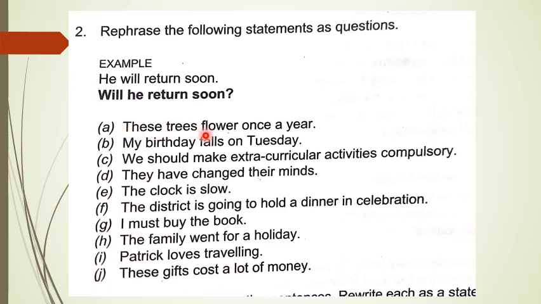So we use do with the plural noun, and we use does with the singular noun or the subject. So here we see that the subject is plural, so we will use do. So the question sentence will be, do these trees flower once a year?